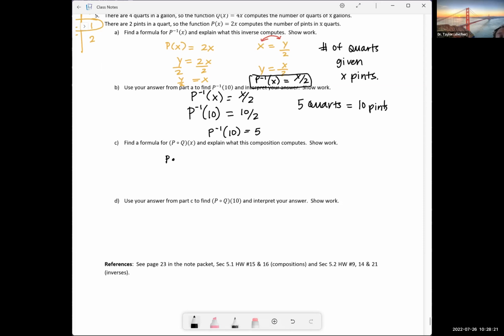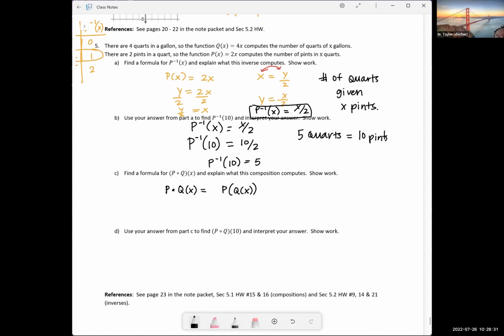P of Q of X can be rewritten as P of Q of X. So we're going to start off with X, which represents gallons in the first equation. Once you put that in, then you get out quarts, and then we're putting in quarts, and we're gonna end up with pints.